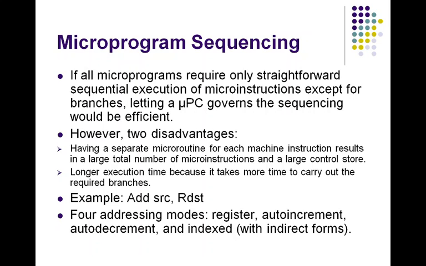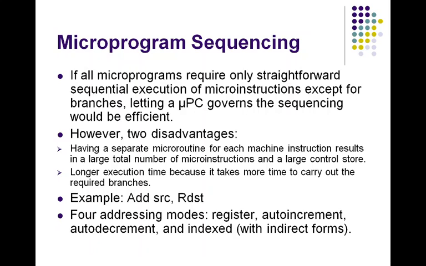Now consider a more complicated example of a complete machine instruction, that is the instruction of type Add src, dst, which will add the source operand to the contents of register R dest and place the sum in R dest, that is the destination register, right?